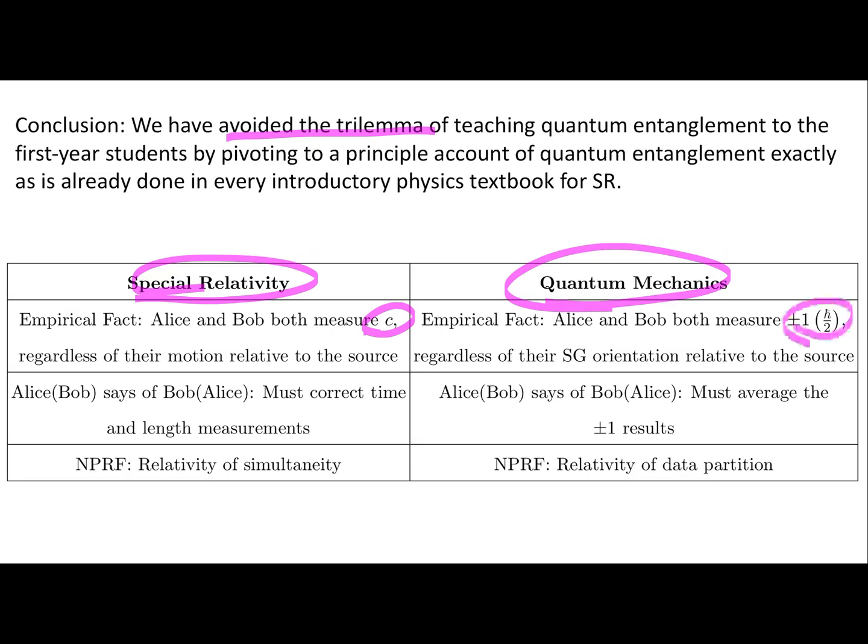And we can account in principle fashion for time dilation and length contraction here, and for quantum entanglement here. It's been 116 years with no constructive counterpart here. It's been 86 years since the Einstein-Podolsky-Rosen paper introducing quantum entanglement, and we still have no constructive counterpart. But we do now have the exact same principle explanation for both of these.